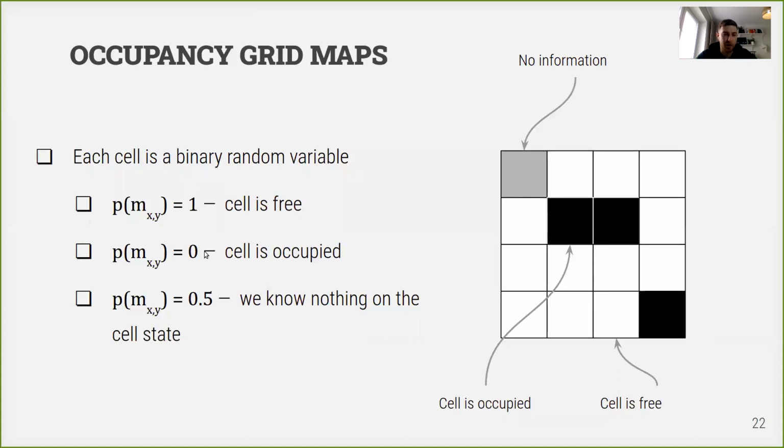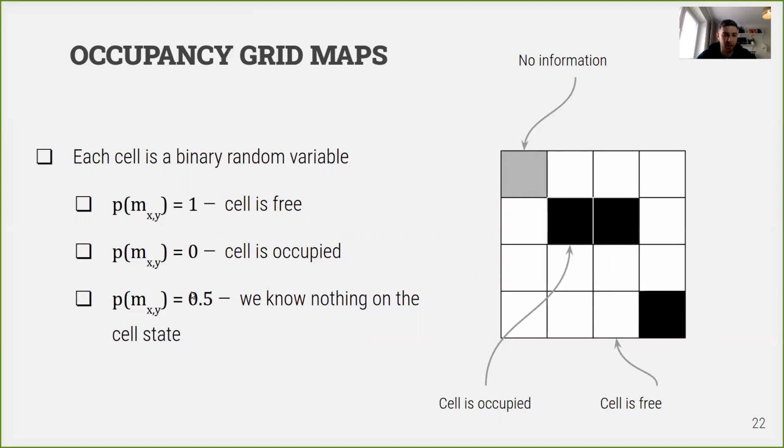If a cell stores 0, we consider the cell to be occupied. Black cells are occupied. And if a cell contains 0.5 probability, we cannot say anything about this cell. So the cell is grayish, and we cannot say anything, right? Because probability 0.5 tells us that there can be an obstacle, or this cell can be free, with equal probability.